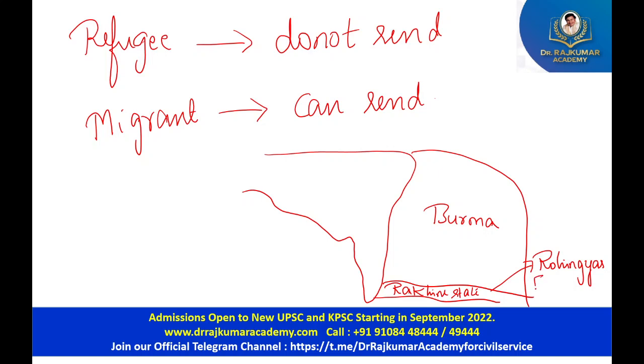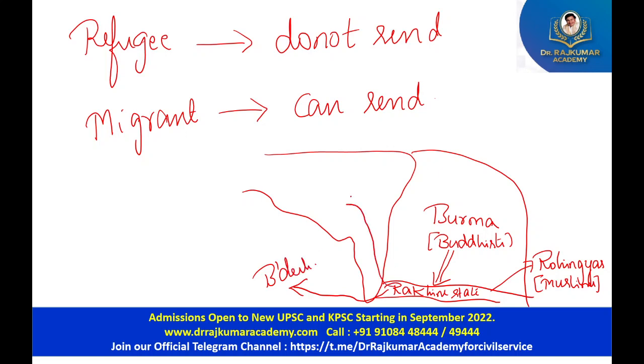Now, Rohingyas are Muslims. Burma is dominated by Buddhists. Now, Buddhists are attacking the Muslims. These Muslims have entered into Bangladesh. They have also entered into India.